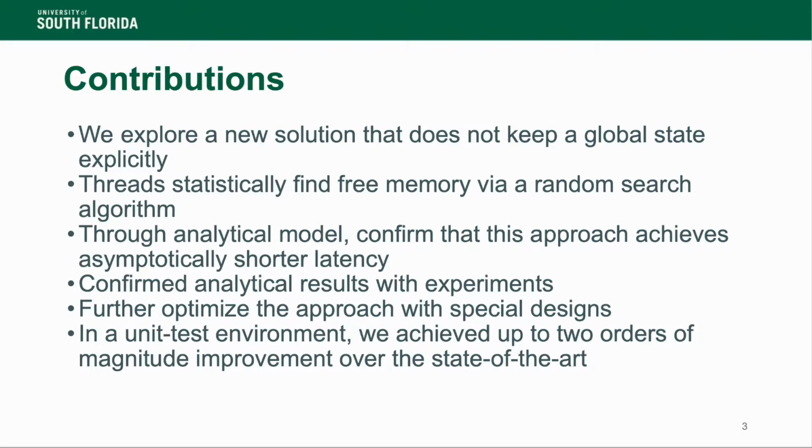Instead of keeping any global state explicitly, we let the threads statistically find the locations of available memory via a random algorithm. We developed analytical models to demonstrate that our method achieves asymptotically shorter latency than the state-of-the-art GPU memory allocators. We also report a number of techniques to further optimize the performance of the random method.